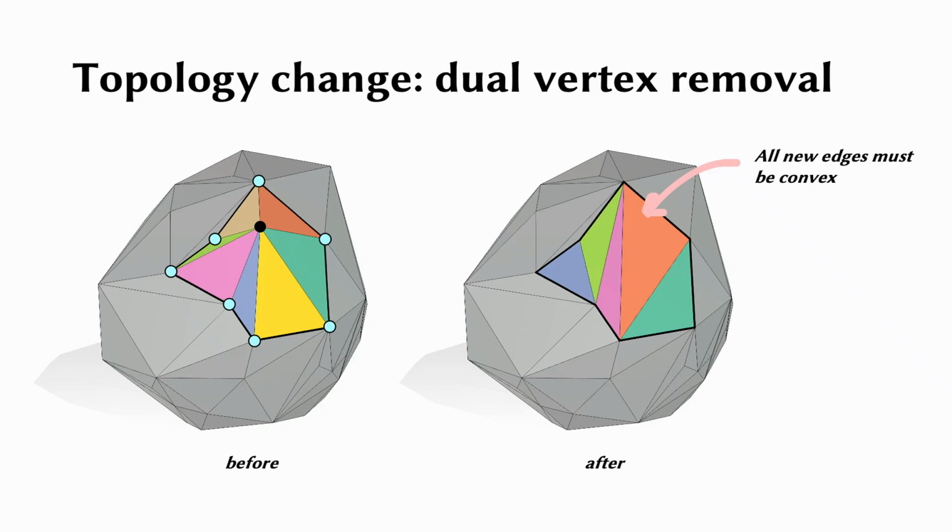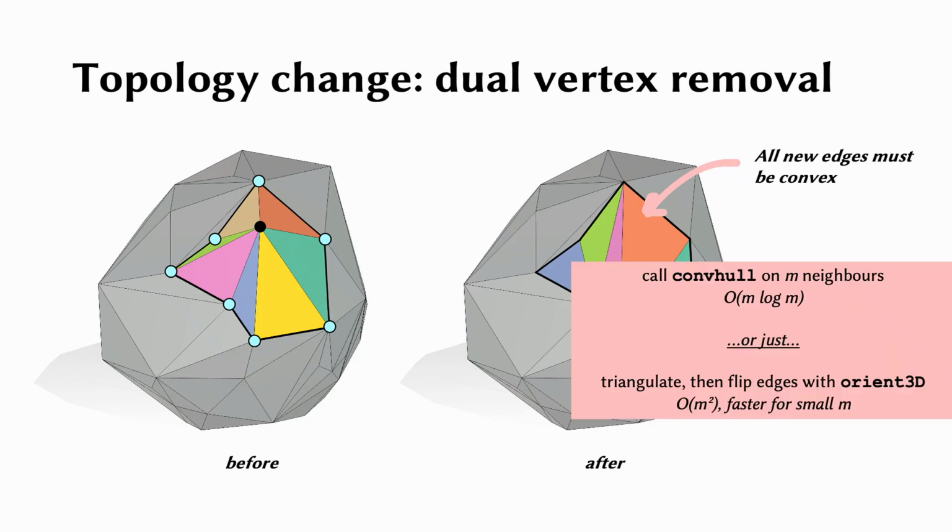We could do that by running a tiny little convex hull problem on the M neighbors that we have, or we could do a cheaper thing, which is to trivially triangulate them and then flip edges until everybody's convex. And when the problem's really small, that dumb M squared algorithm is much faster than invoking a standard convex hull algorithm. So that's what I do.